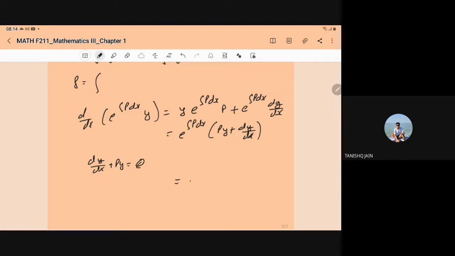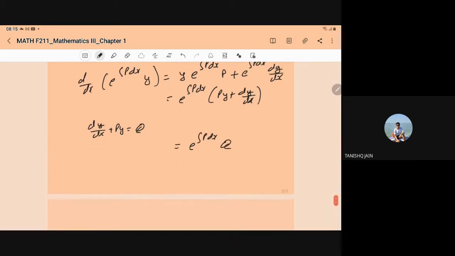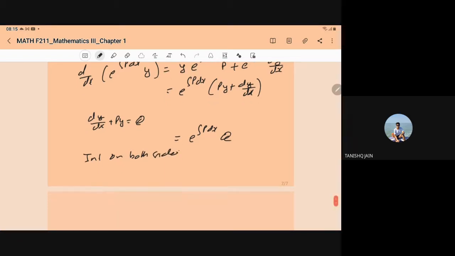So this can be written as e to power integral P dx into Q. Now, if you integrate on both sides with respect to x, so here you will get the e to power integral P dx into y is equal to integral e to power integral P dx into Q with respect to x plus c.